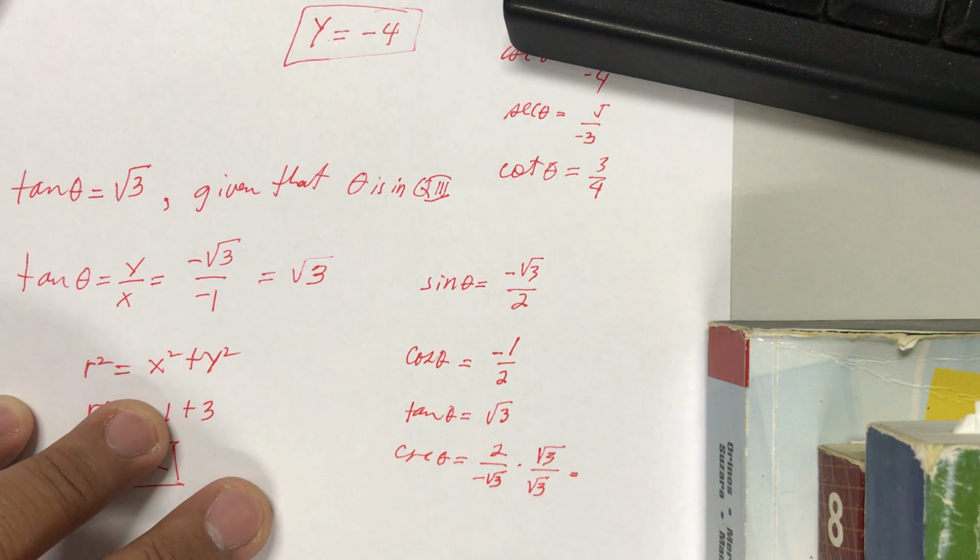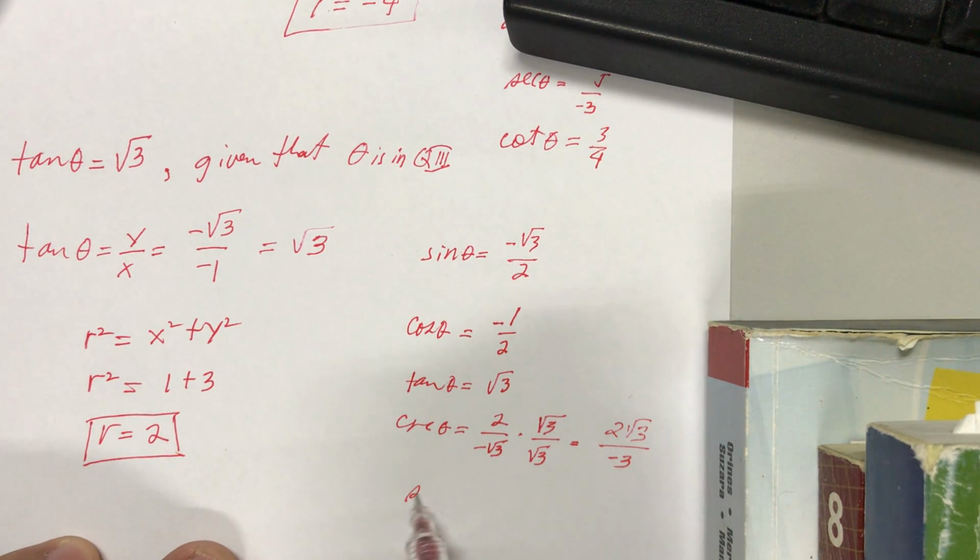A number is divided by itself, that is 1, and when you multiply a number like 2 over negative square root of 3 by 1, you are not changing the value of the expression, since a number multiplied by 1 is equal to itself. So this will then be 2 square root of 3 over negative 3.